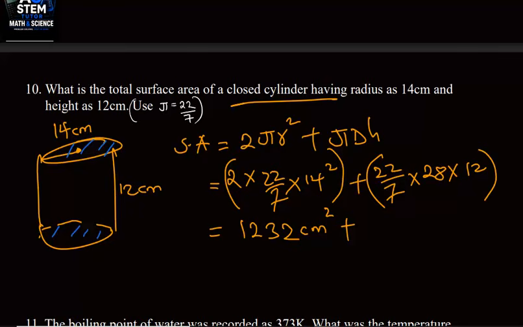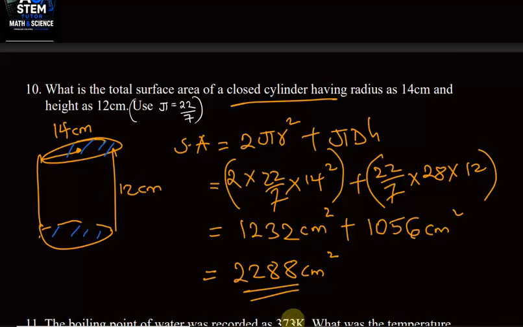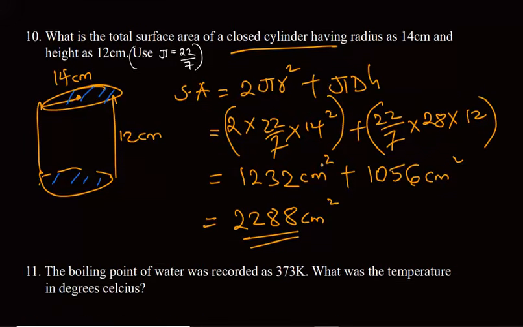Then we add the second part. 22 over 7 times 28 times 12 is 1056 centimeter squared. Then you add the 2. You will get 2288 centimeter squared. So this is the total surface area for the cylinder.